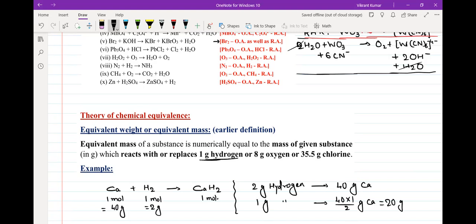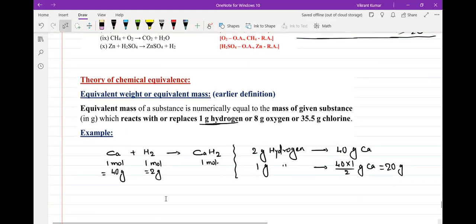And that's why equivalent mass by definition is unitless. We'll say equivalent mass or equivalent weight; chemistry people don't distinguish between mass and weight, so we frequently use weight instead of mass. So this will be 20. Is it okay? This is the first example.